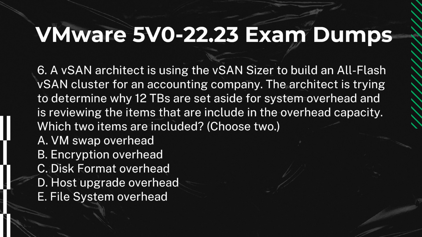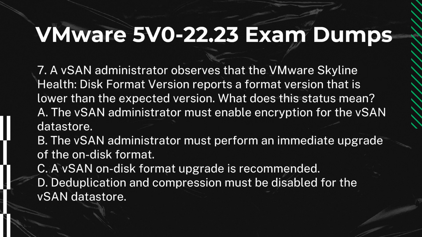E. File system overhead. 7. A vSAN administrator observes that the VMware Skyline Health disk format version reports a format version that is lower than the expected version. What does this status mean? A. The vSAN administrator must enable encryption for the vSAN datastore.